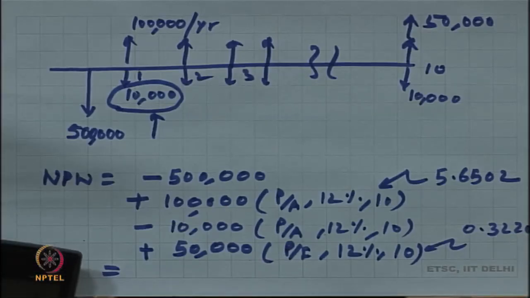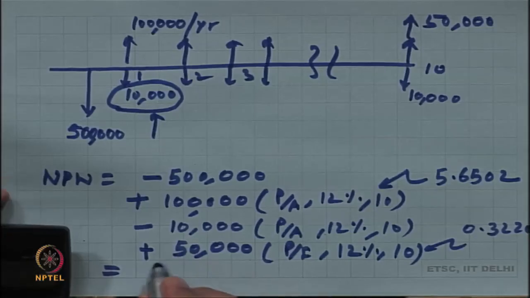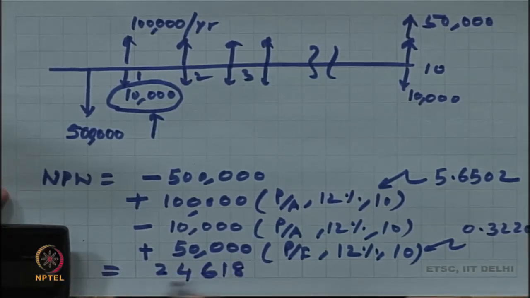So, the calculation is 100,000 multiplied by 5.6502, plus 50,000 multiplied by 0.3220, minus 10,000 multiplied by 5.6502, and minus 500,000. It comes out to be positive, 24,618. You can cross check this.